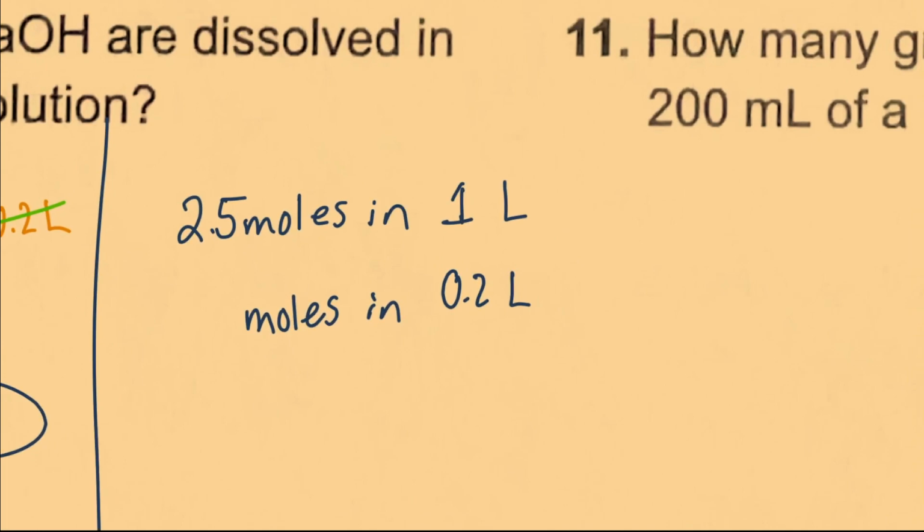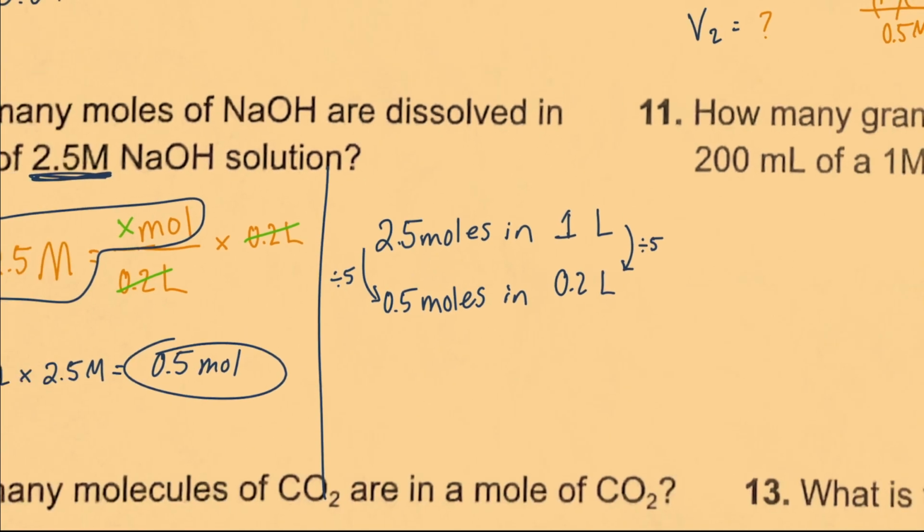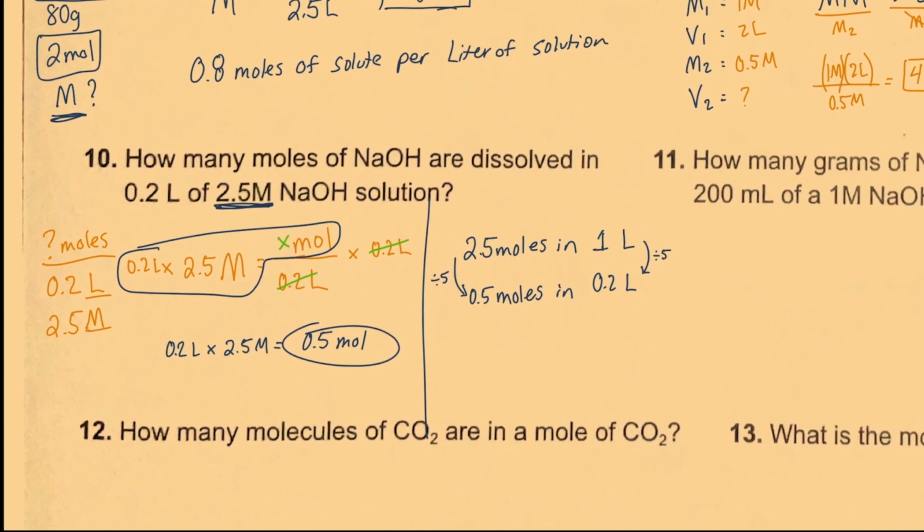So then we need to figure out how many times 0.2 goes into 1, or what's 1 divided by 0.2. And we'll see that it's a scale factor of 5. So we have 1/5 of a liter. If we have 1/5 of a liter, then we should have 1/5 as many moles as well. Right, so that's 2.5 divided by 5 gives me 0.5 moles. So that's the other way that you could work it out.